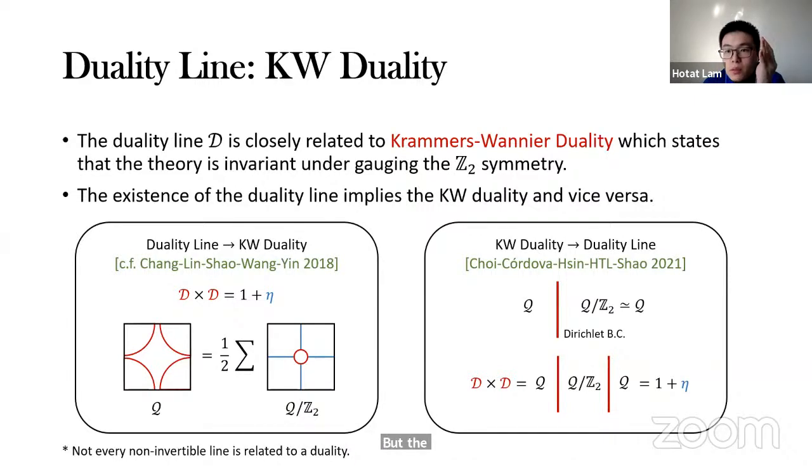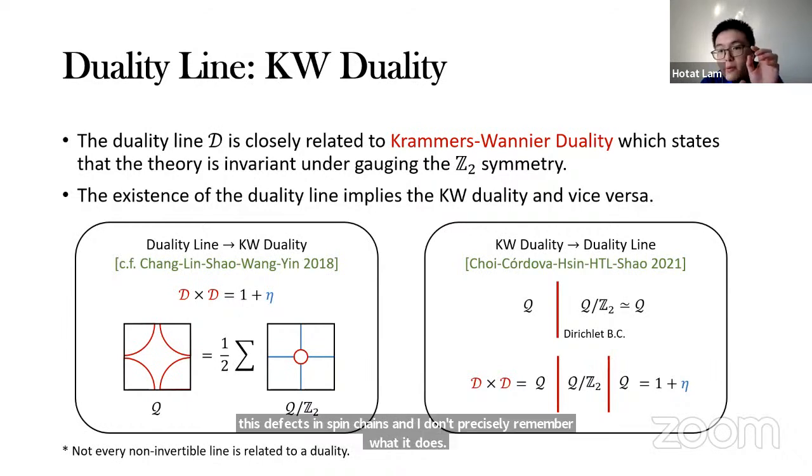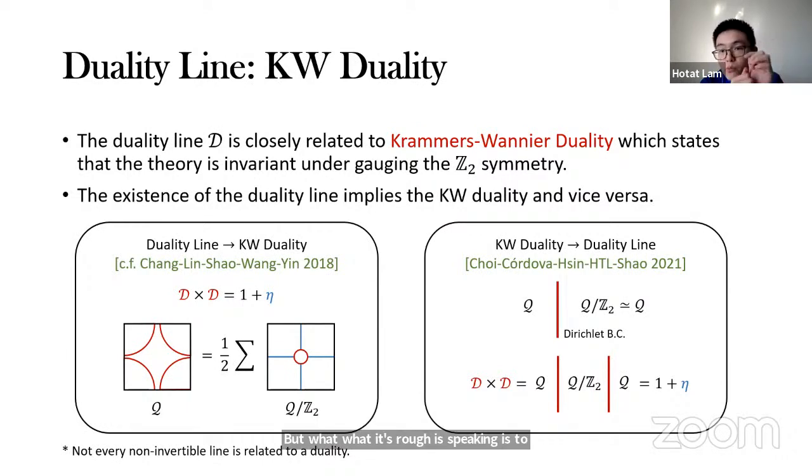Maybe a simpler way to think about Kramers-Wannier duality lines is to think of them as defects. So first of all, these are lines, and there are two ways to think about them in Hilbert space. One is that we place it at a fixed time, so this becomes an operator. Another way is to place it in the time direction, and this is what defines the defects in the Hilbert space. It's actually easier to describe these defects in spin chains. I don't precisely remember what it does, but roughly speaking it modifies the interaction on one bond.